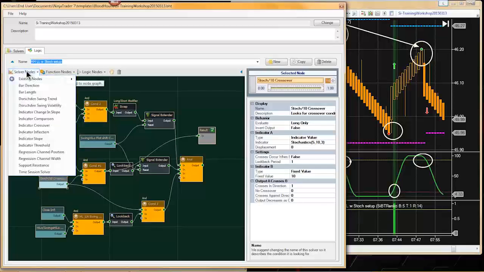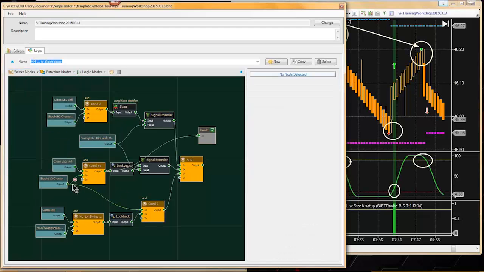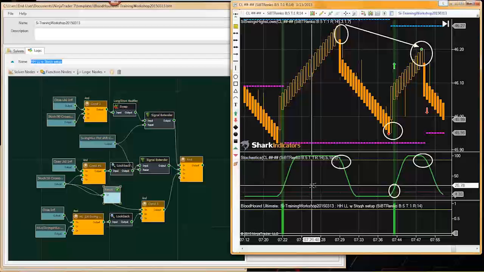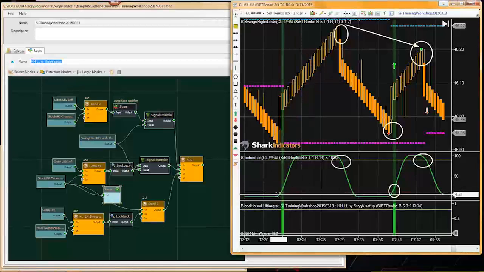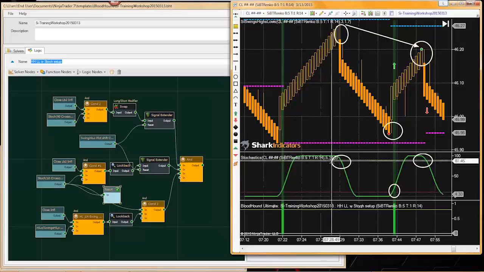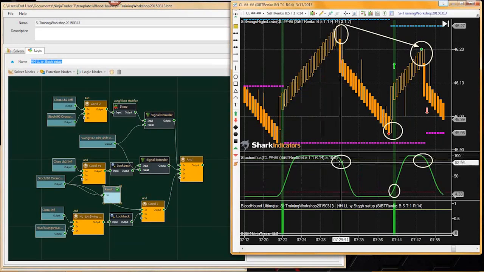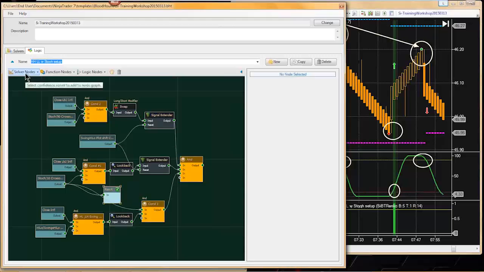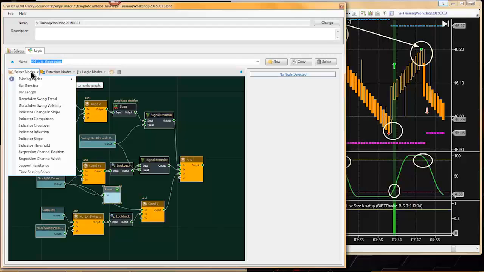So let's see. I'm just going to add another crossover to this. Simple enough. We're actually going to take a look at that crossover there. Right, so we only have crossovers for crossing above 10. So I'll build a crossover to cross below the 90. That's the missing component here for the short trades.